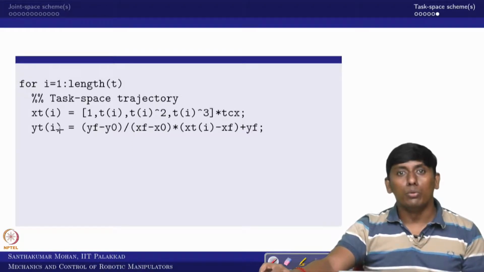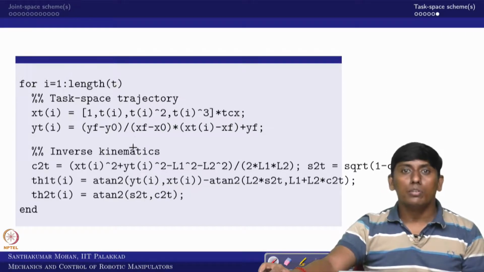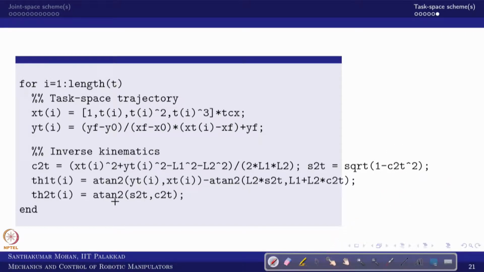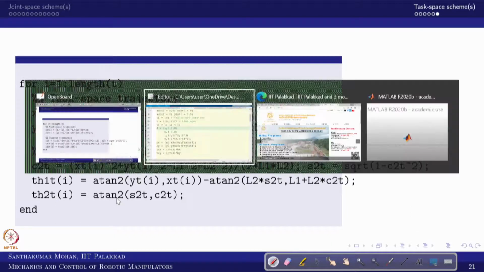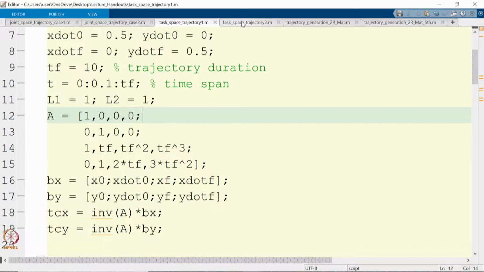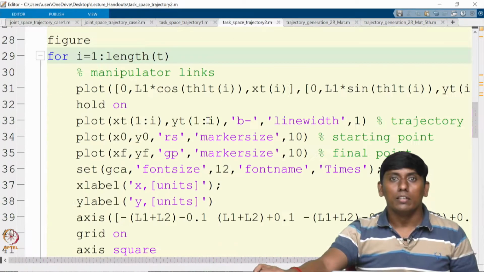Once you know this, you can see that x of t is derived, and based on x of t, y of t comes. So in that sense, y dot and all will not come explicitly here. Okay, so this is the inverse kinematics, the standard one, and we will use the same plotting function. For the task space trajectory 2, you can look at it.